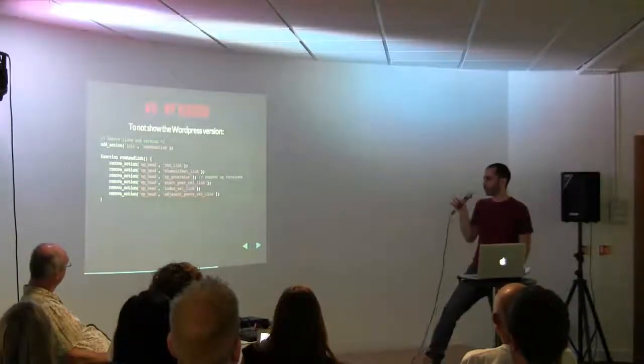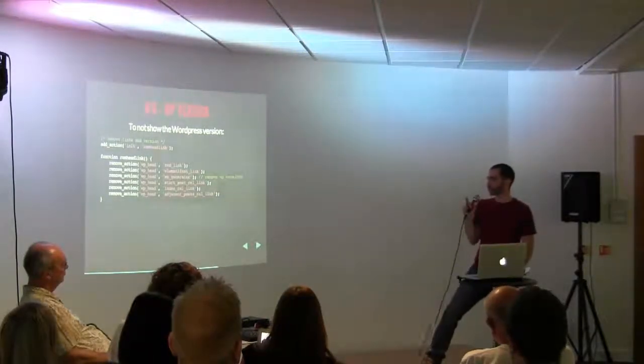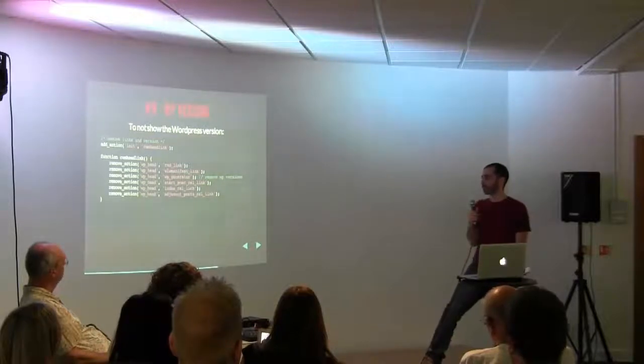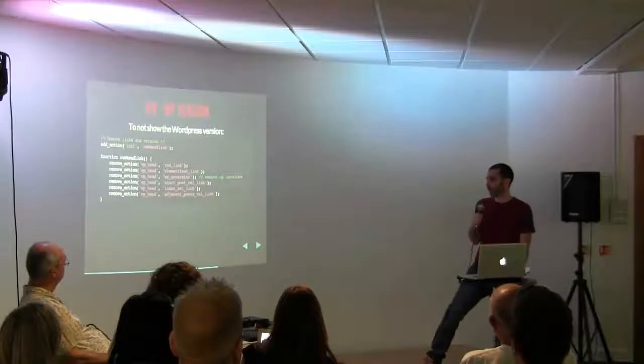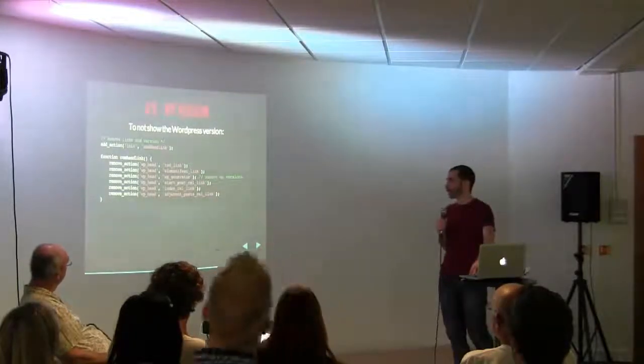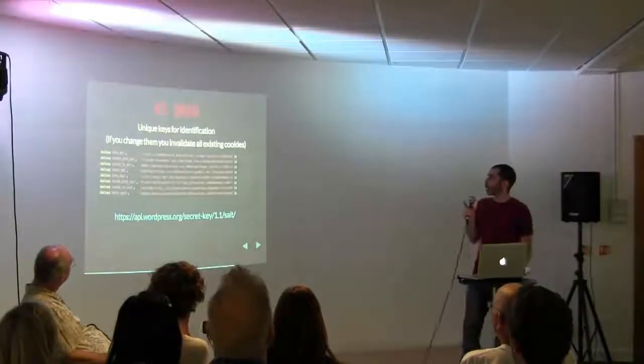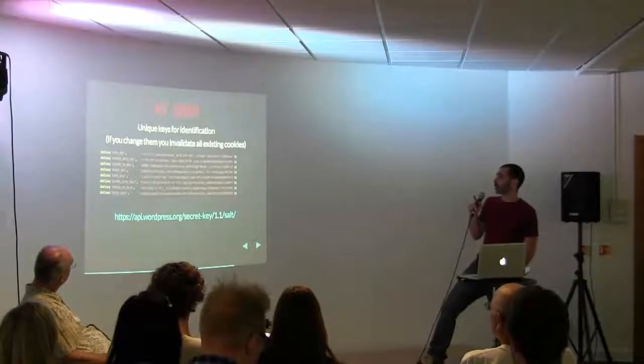So if you use all these lines in your functions.php, you will easily get code that validates with W3C, and it will not display the version. That is the point.